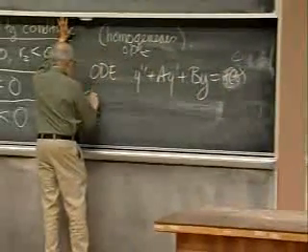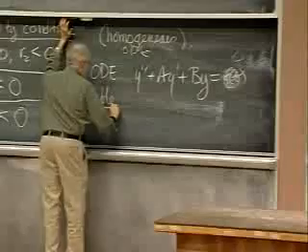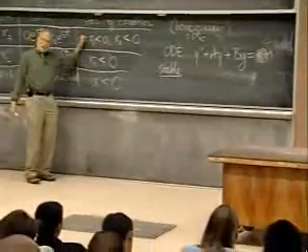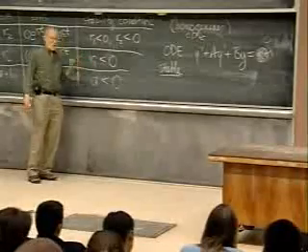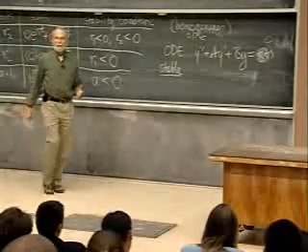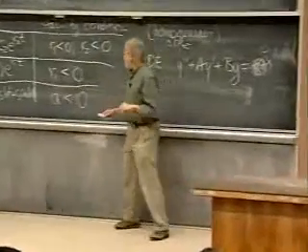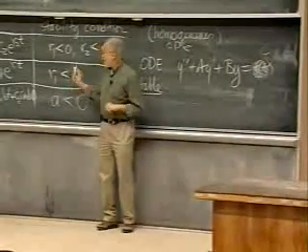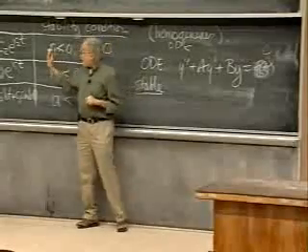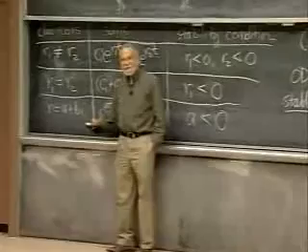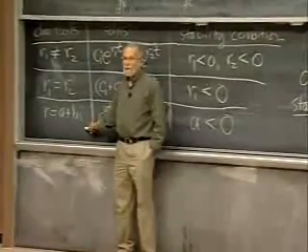It is stable if what? If in case 1 this is true, if case 2 that's true, in case 3 that's true, but that's ugly. Make it beautiful. The beautiful way of saying it is if all the characteristic roots have negative real part.